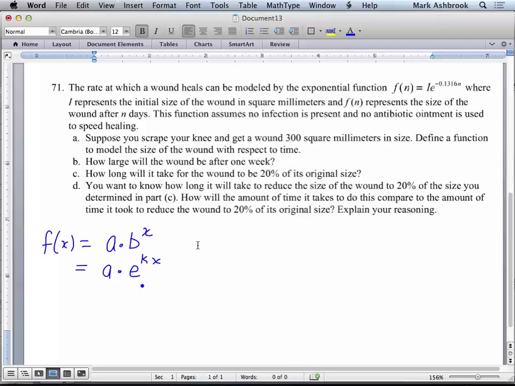So let's talk about b. Does b reflect the true percent change? Yes or no? So if we had the value of b, say 1.62. Suppose b is 1.62.